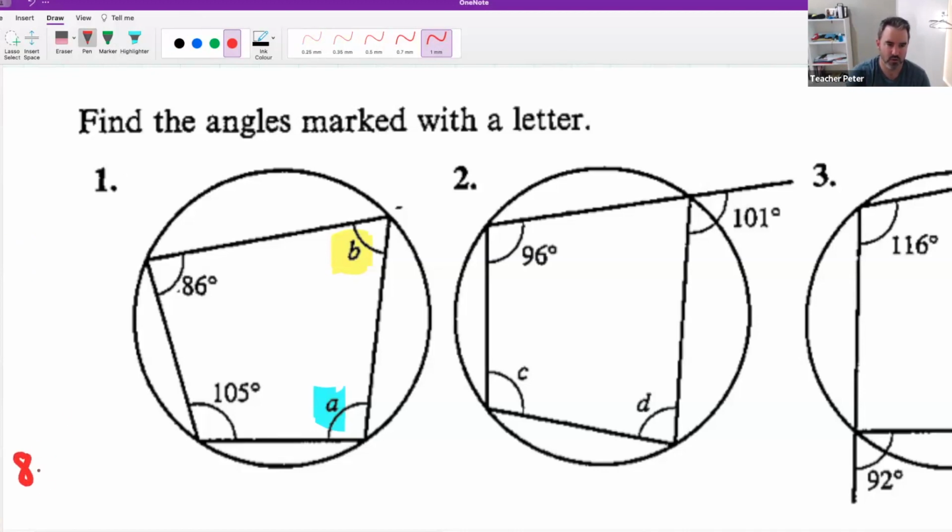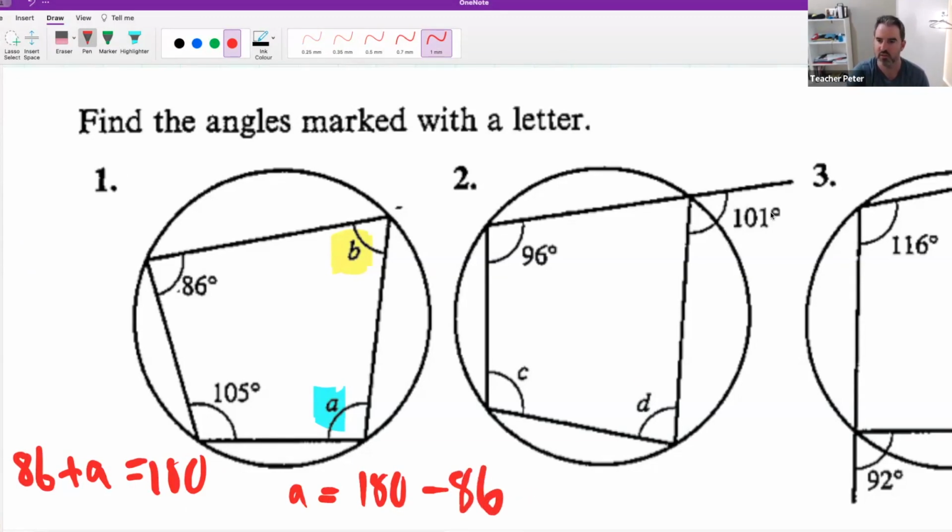So there's two ways you could think about this. You could either say that, or you could say A is 180 minus 86. I think I like the 180 minus because it seems a bit quicker. So A will be 94.